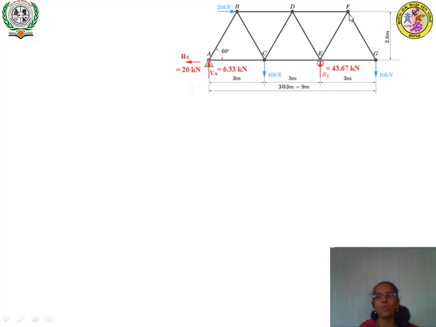For simplicity: at joint E, four members are meeting apart from the reaction, whereas at joint F only three members are meeting. So the computation will be reduced if you consider joint F. Therefore let us consider joint F.